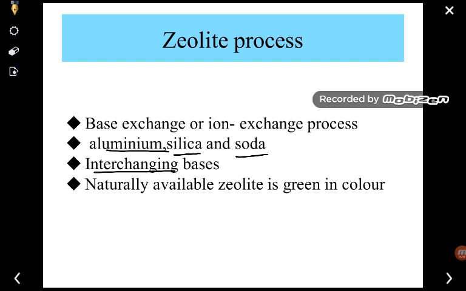Naturally available zeolite is green in color, which is why it is called green sand.